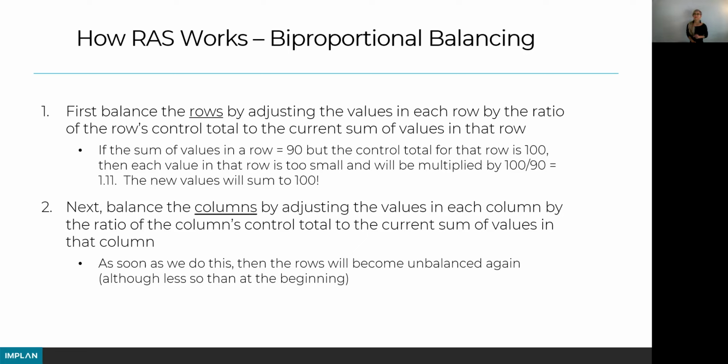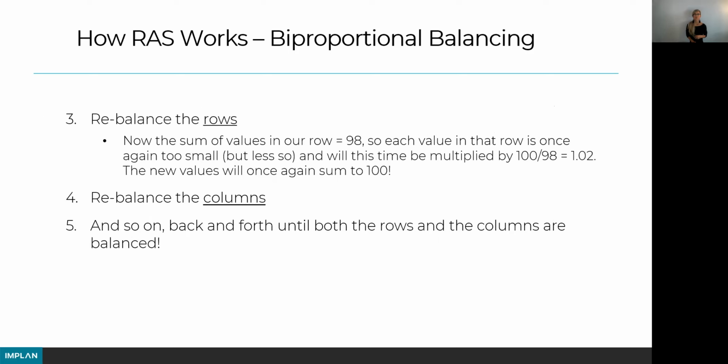But the important thing to note is that when we go back to rebalance the rows, they aren't as unbalanced as before. Each time we do this, the amount of unbalance gets smaller and smaller. So step 3 will be to rebalance the rows. In our example, let's say that now the sum of the values in our row is 98 instead of 90. So we're more balanced than we were the first time.